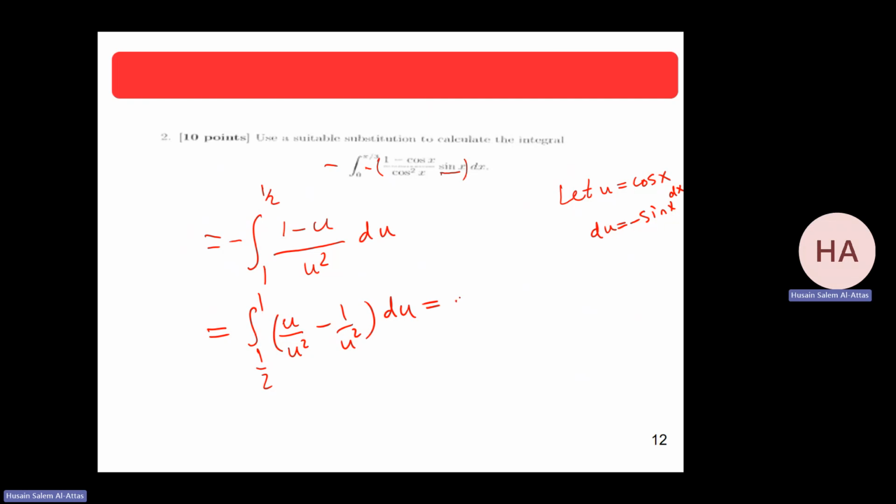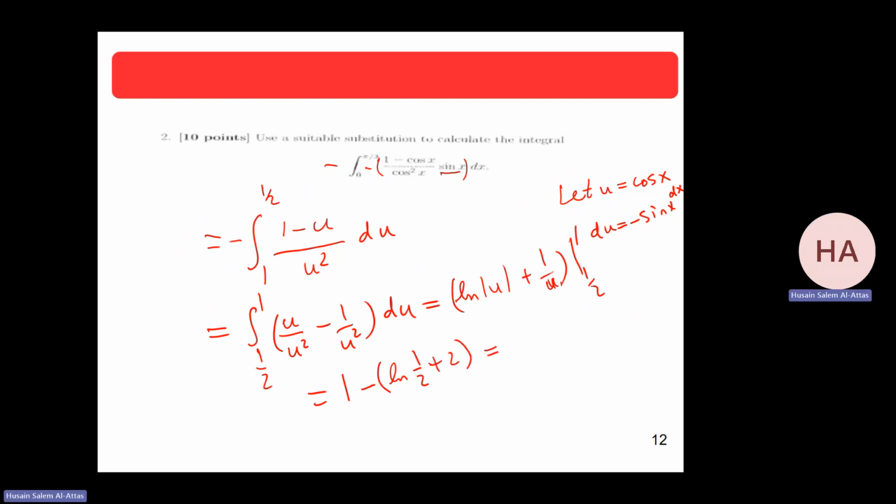That will be ln of u minus 1 over u from half to 1. That gives me ln 1, which is 0, minus 1, minus ln half minus 1 over half, which will be plus 2.